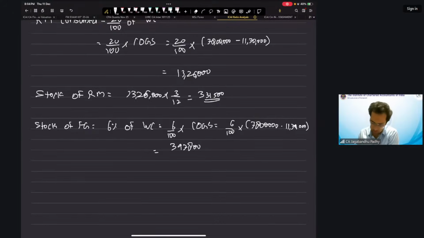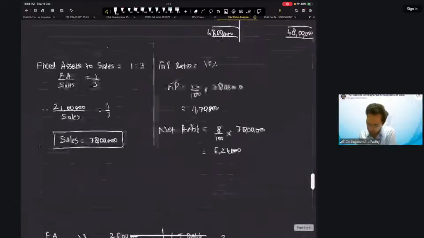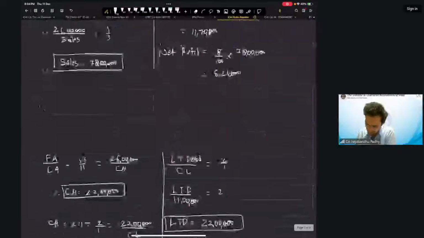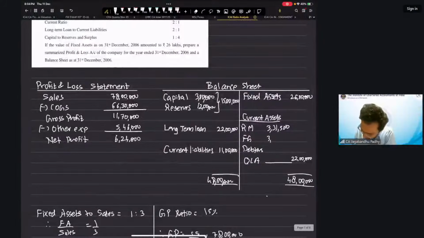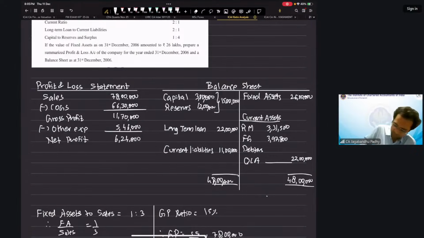So this provides us the stock of finished goods. Stock of finished goods is 3 lakh 97,800. That's the value of finished goods. Then coming to debtors.